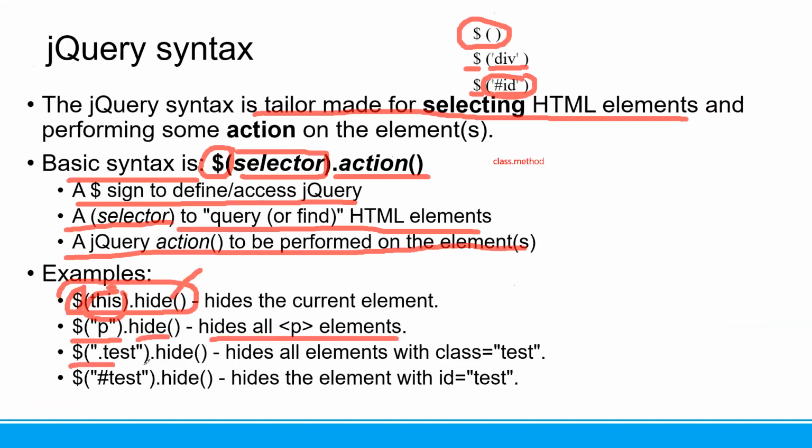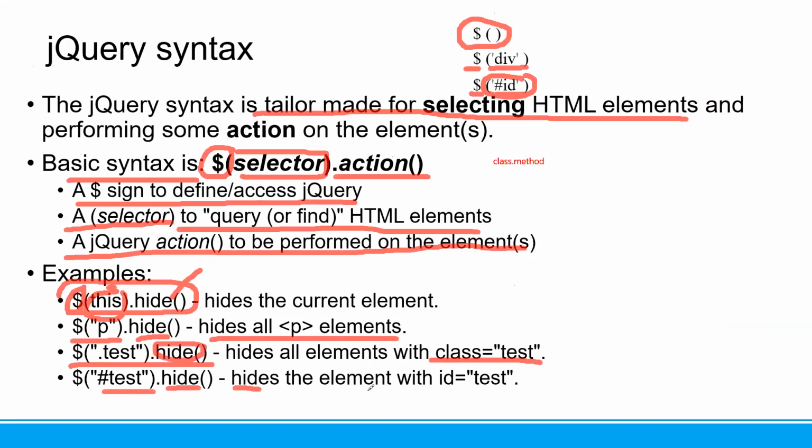I'm going to do something with the dot test. Dot test means any element that has test in the class name, and then I want to hide it. If I want to do it with the ID equal to test, I put the sharp and then hide.